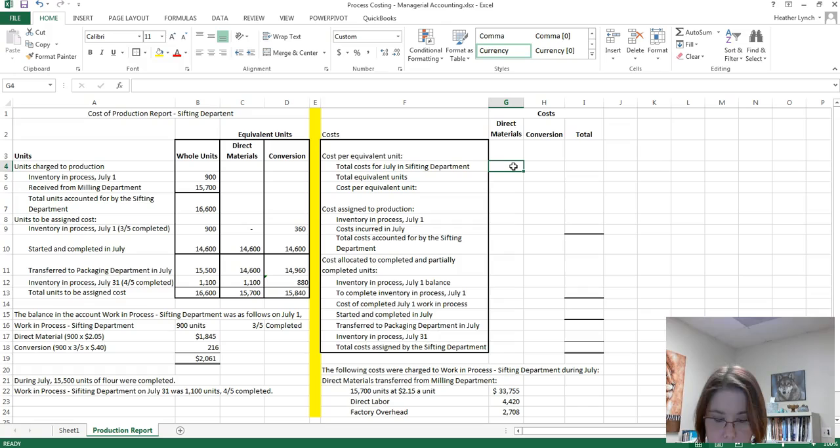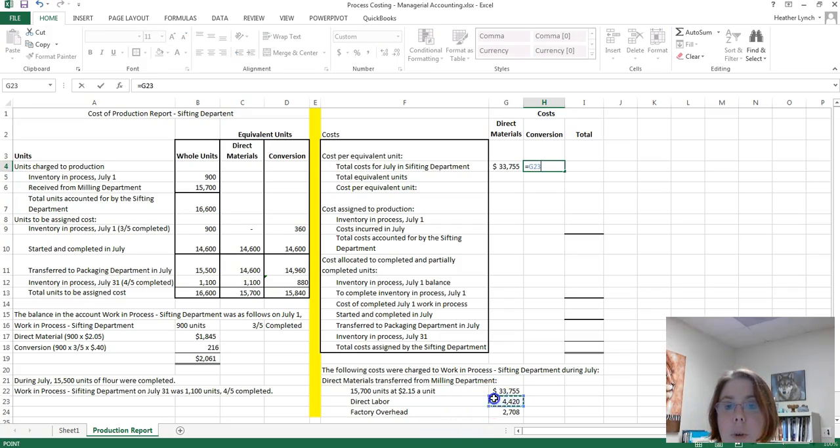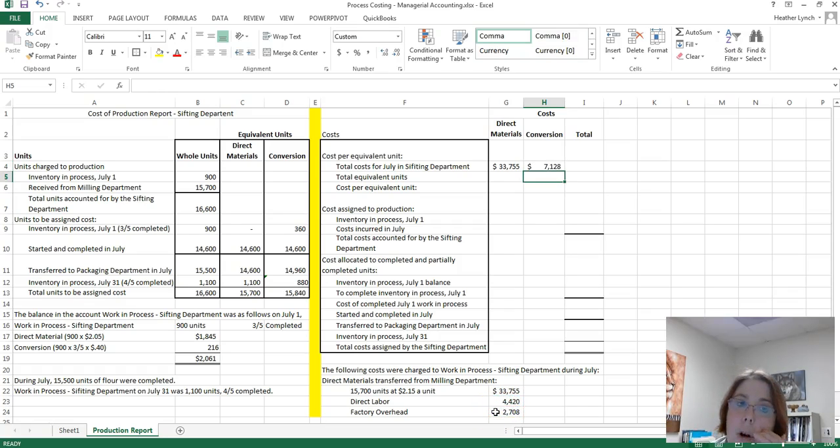So what we can use here, the following costs were charged to work in process sifting department during July. So the $33,755 for direct material.